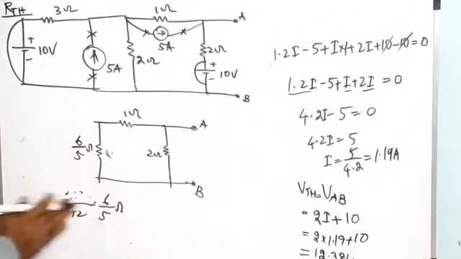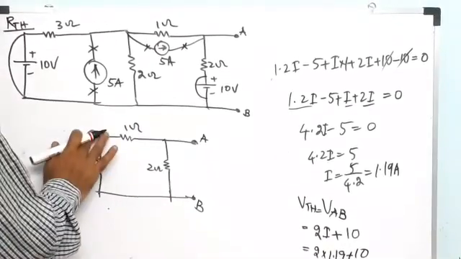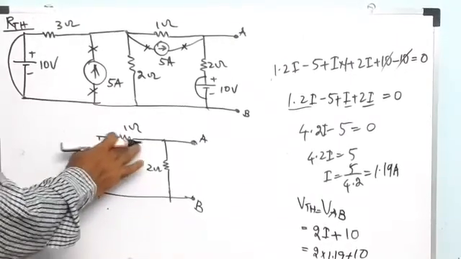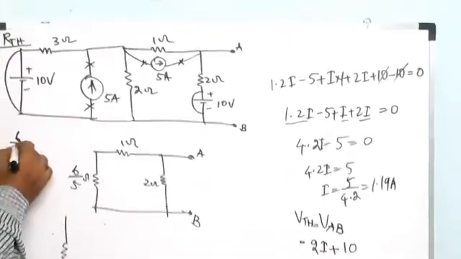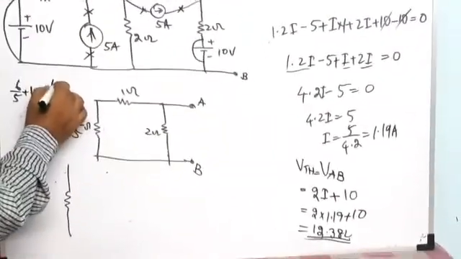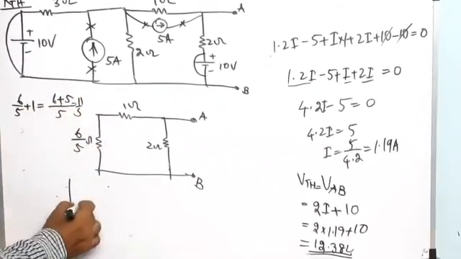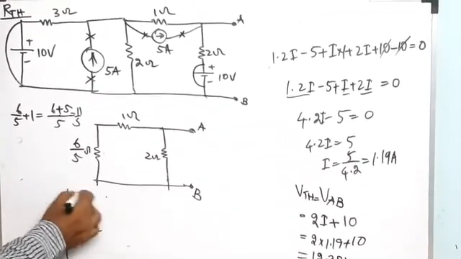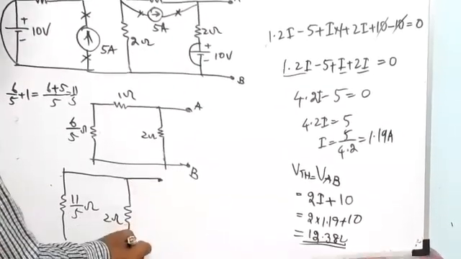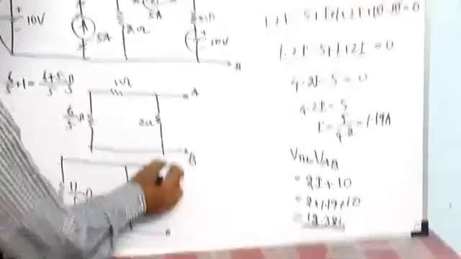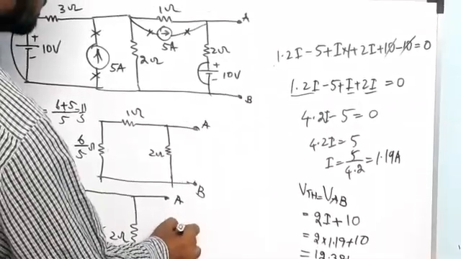These two look like a series resistance, so make it equivalent. 6 by 5 plus 1, how much? 6 plus 5 by 5, LCM, so 11 by 5 ohm, and this is the 2 ohm resistance, A and B. That means here RTH.